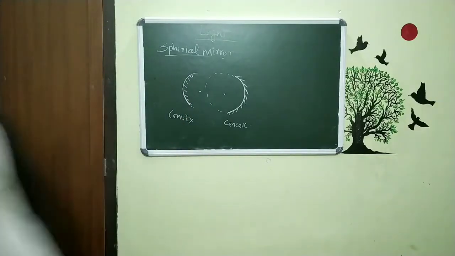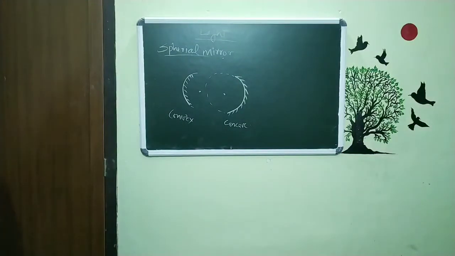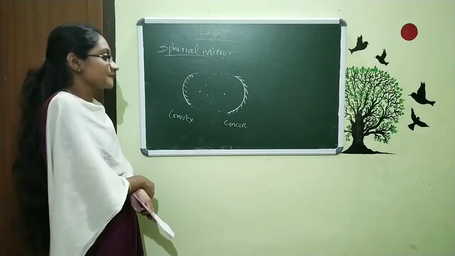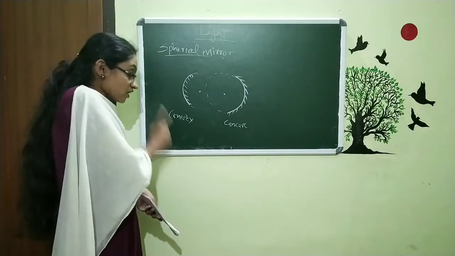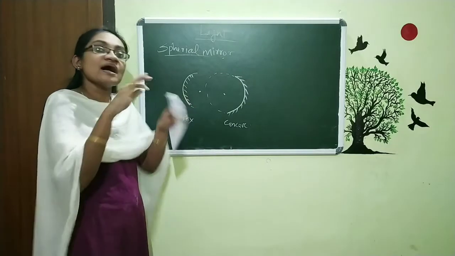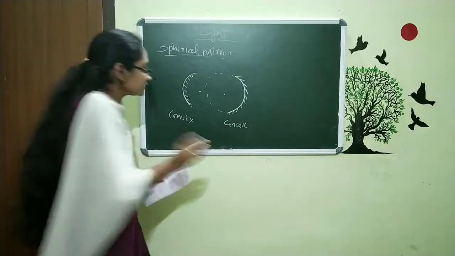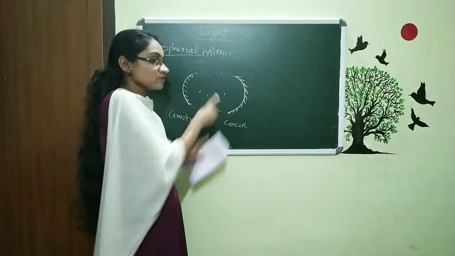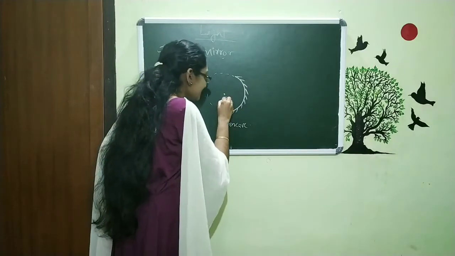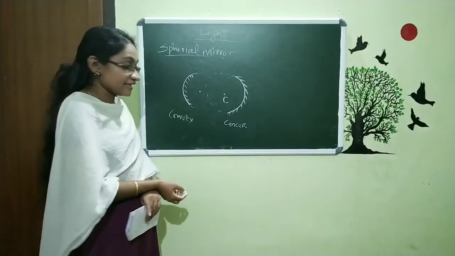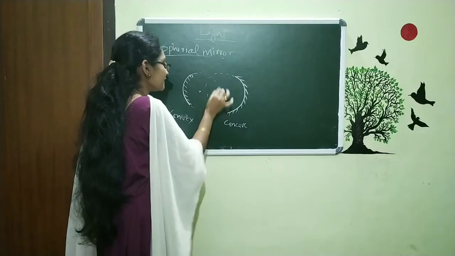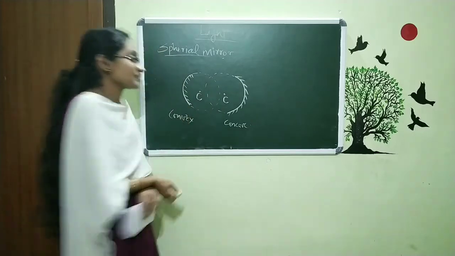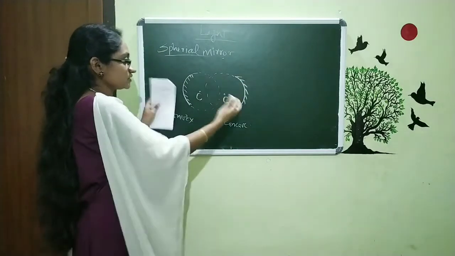The question is this: why are the convex and concave mirrors called spherical mirrors? The reason is that the convex mirror and concave mirror are parts of a sphere. And you can see here, I just put one point now. That is the center of this sphere, and I can represent it as C. For this one also, when we are completing it, I have one center here, and that is also C. Don't confuse this, both are different.